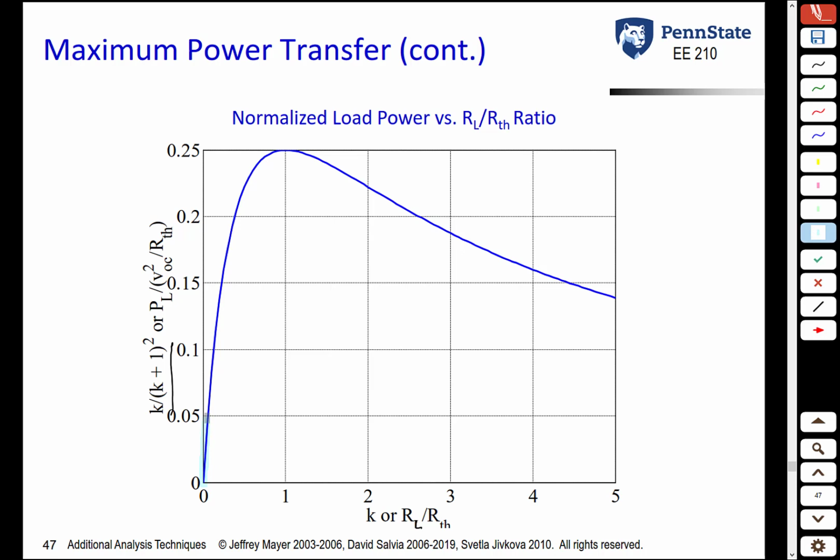Then as we increase K, the voltage across the load goes up, the current goes down, but we reach a maximum at some point. Where do we reach that maximum? Where K is equal to 1, or when RL is equal to R Thevenin. As we continue to increase the load resistance, the voltage continues to go up, but now because the current is going down, the product goes down, and eventually we'll get back to zero power. For example, when we have an open circuit situation, when RL is infinity, the voltage is equal to VOC, but the current is equal to 0.